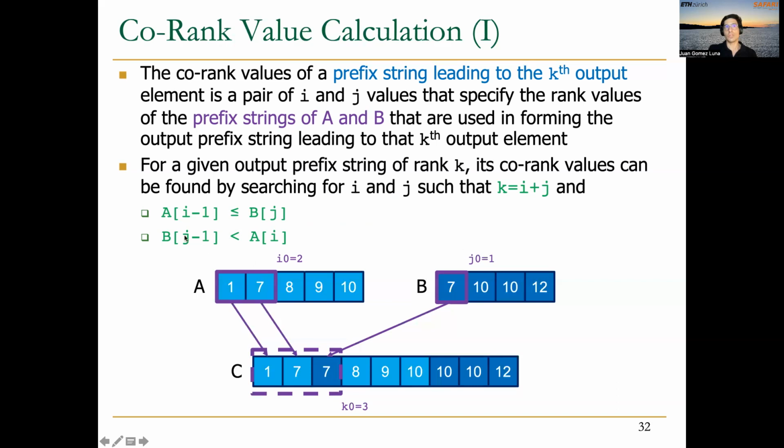If we look at B[j-1], B[j-1] is this 7, which is smaller, is less than this 8, which is A[i], A[2].